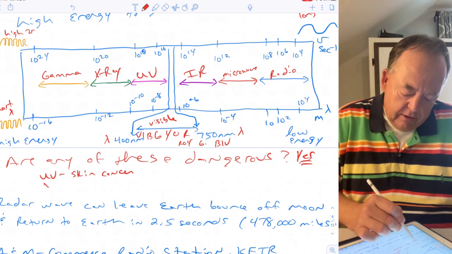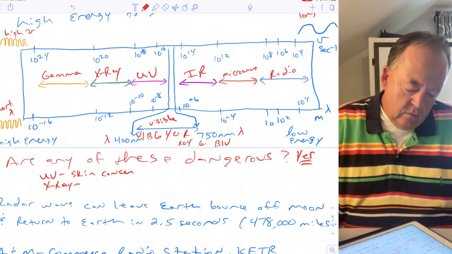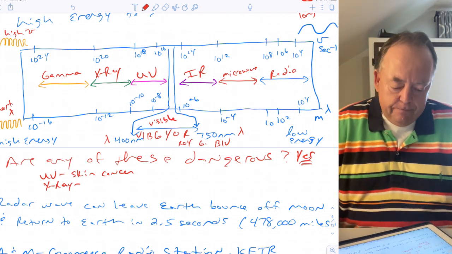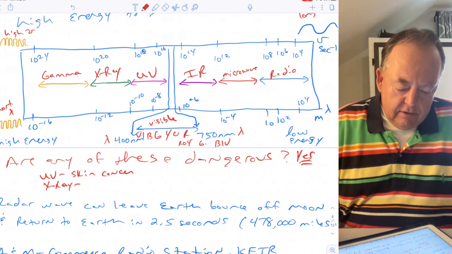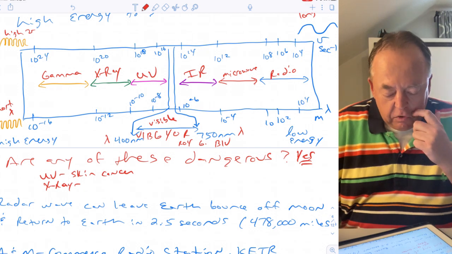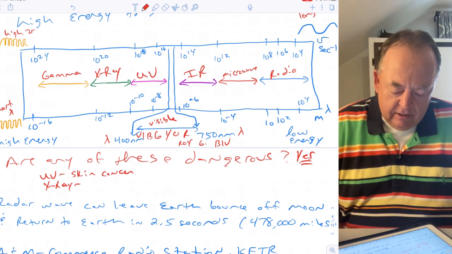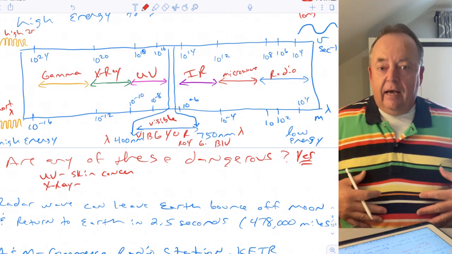X-rays are dangerous, right? Where might you be exposed to X-rays? Well, you get some naturally coming in from the sun, but you also could get exposed to X-rays at the dental office, which would be why you wear a leaded vest.